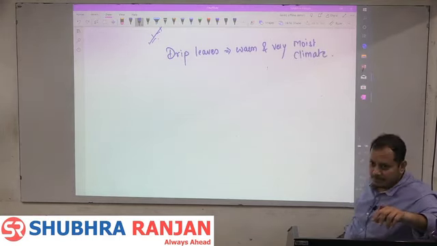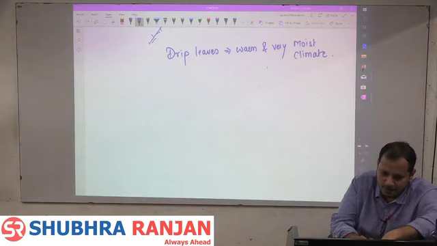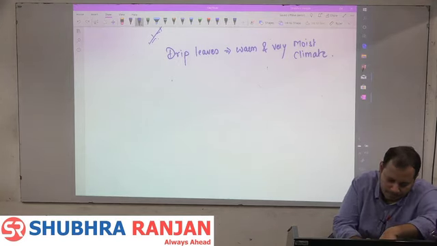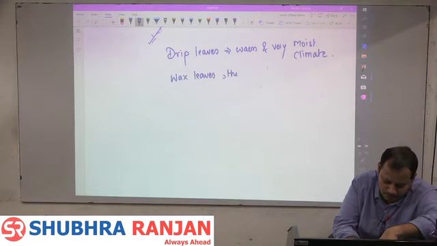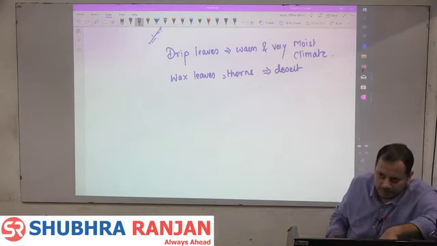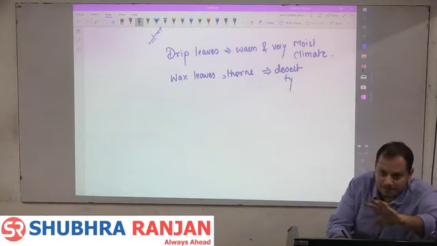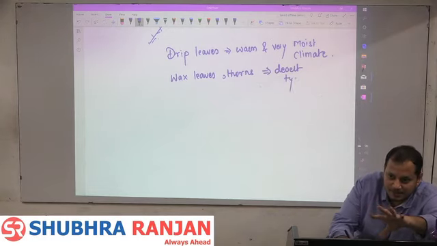Warm and very moist climate. Waxy leaves, thorns indicate desert type of climate. और ये सब हम fossils की बात कर रहे हैं.